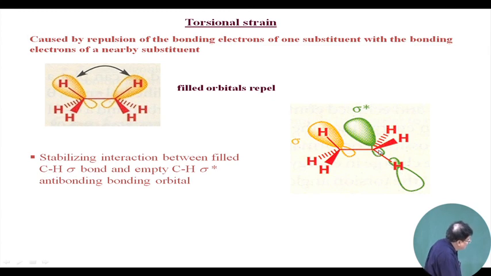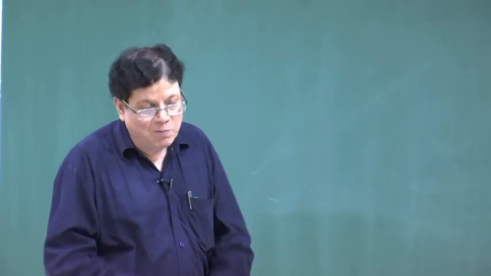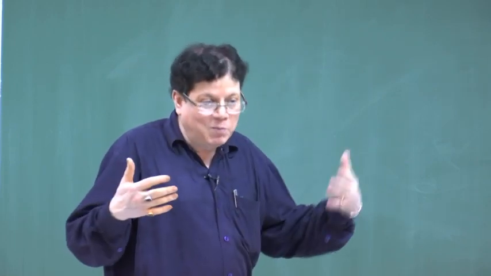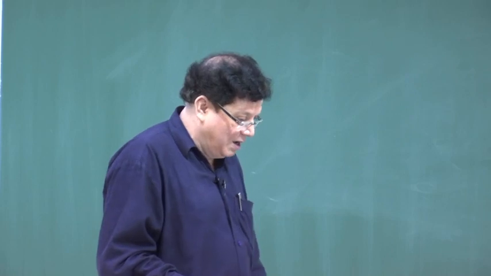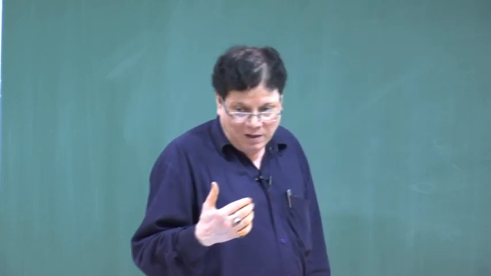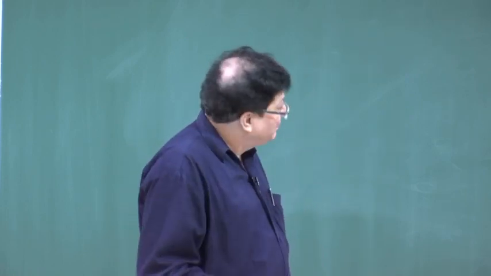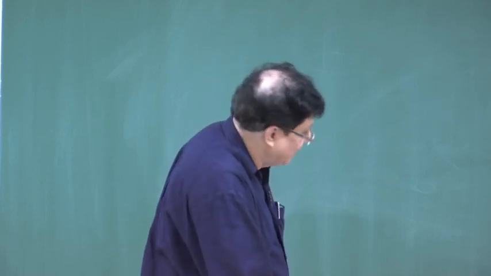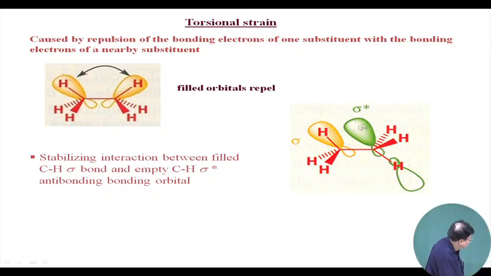Now, interestingly, what is being said here is that in every bond formation, when orbitals combine with each other to form a bond, there is an antibonding scenario also. An antibonding molecular orbital is also formed, where the lobe of the orbital is more on the back side. Like here, you see this is a C-H bond and this is the antibonding scenario.